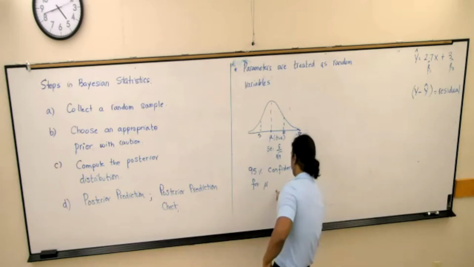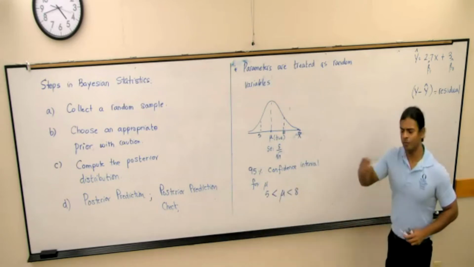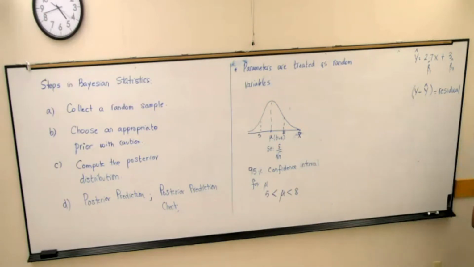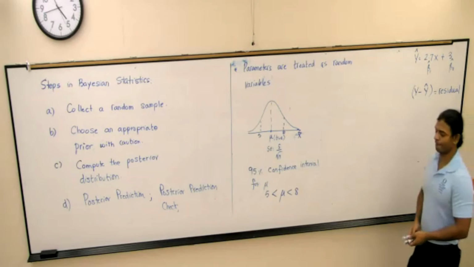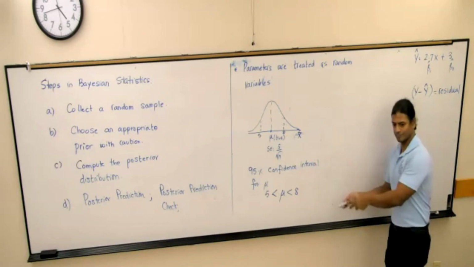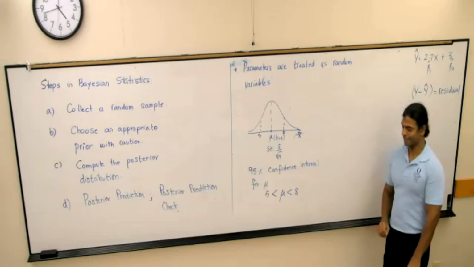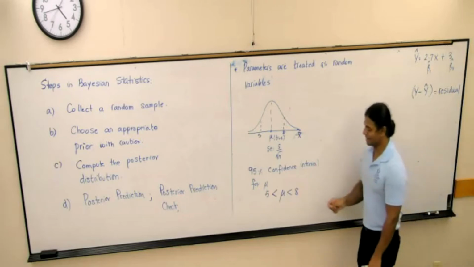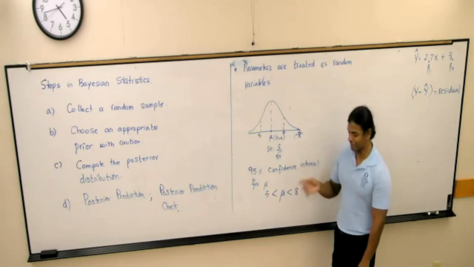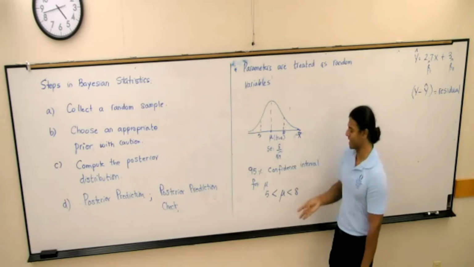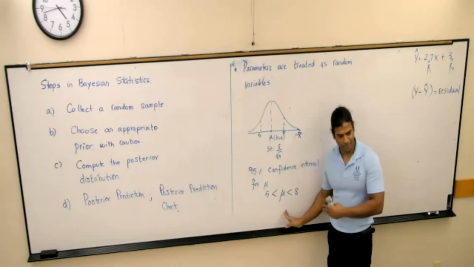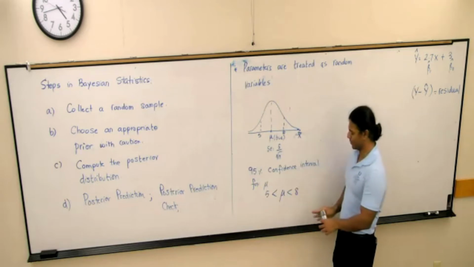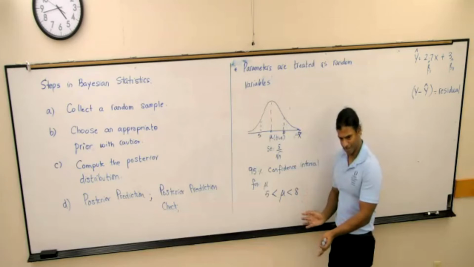How would you interpret this? If you took 100 samples of X bar, you would expect 95 of those 100 samples to have their sample mean between 5 and 8. So that is more of the frequentist interpretation.